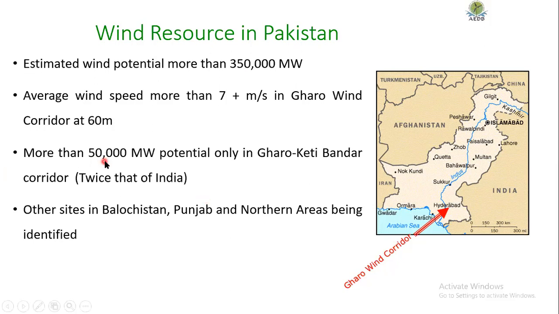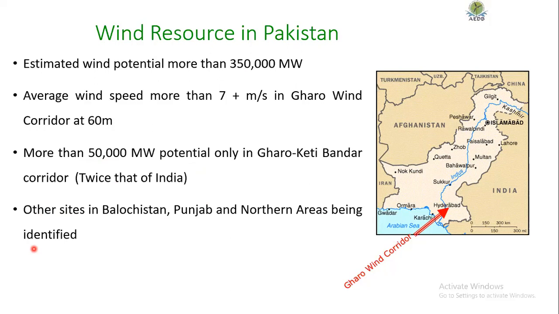More than 50,000 megawatts of potential exists only in the Gharo, Keti Bandar corridor, twice that of India. Other sites in Balochistan, Punjab, and northern areas are being identified as well. So, what kind of identification do we need?